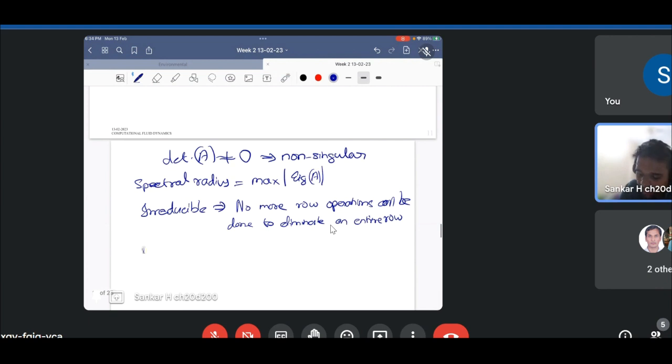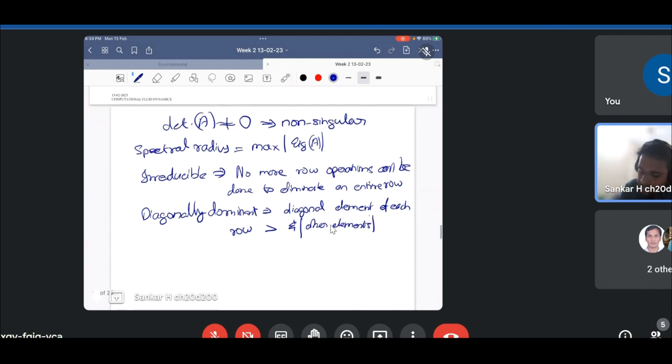And diagonally dominant, I had told you about this in my last class, means that the diagonal element of each row is greater than the sum of the absolute values of the other elements.